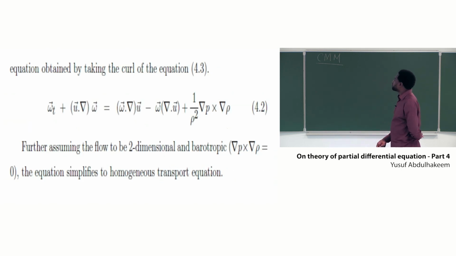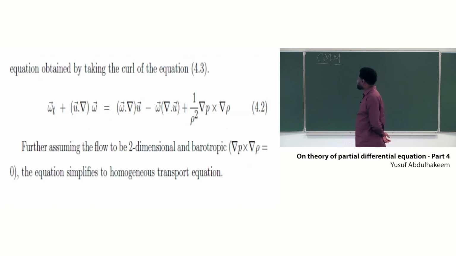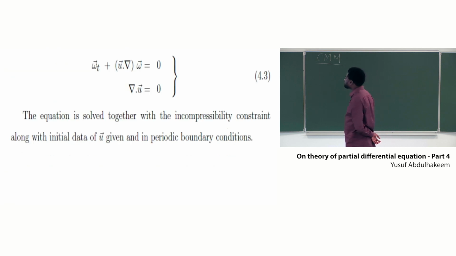The equation we obtained is what we have here in 4.2. And we say, what happens if it is barotropic? That means the gradient of rho cross the gradient of p is equal to 0. So the equation will now simplify to what we have in equation 4.3.